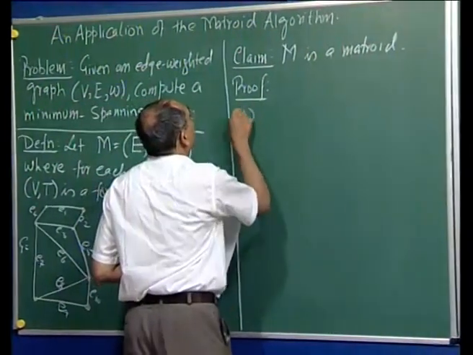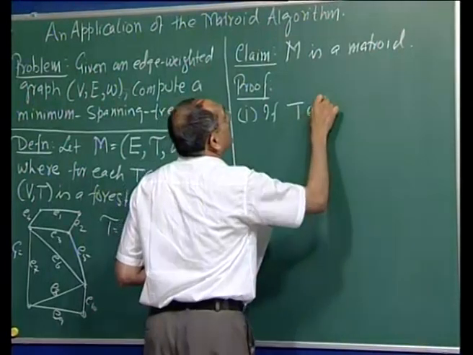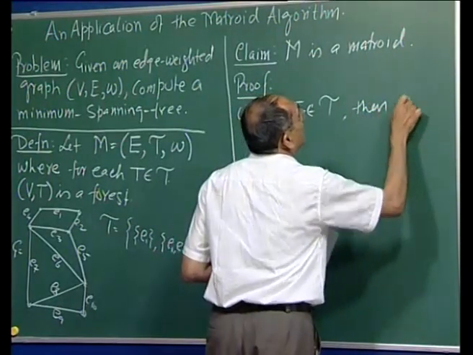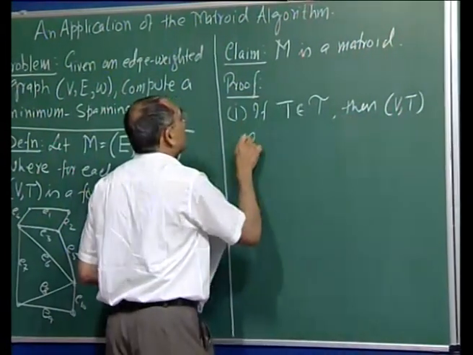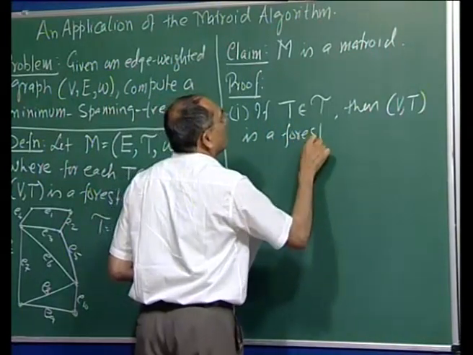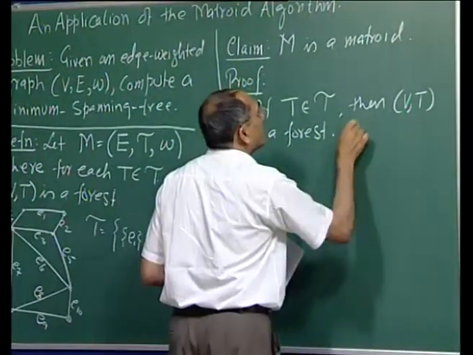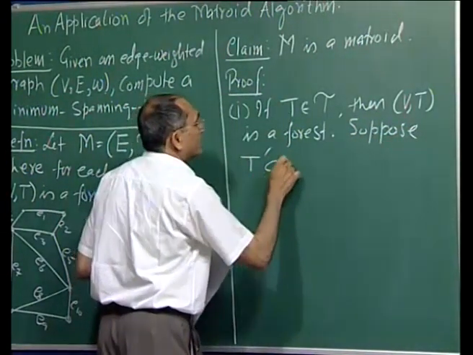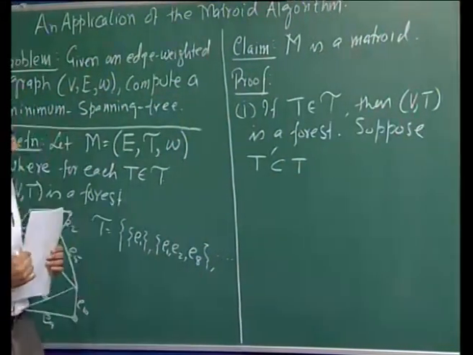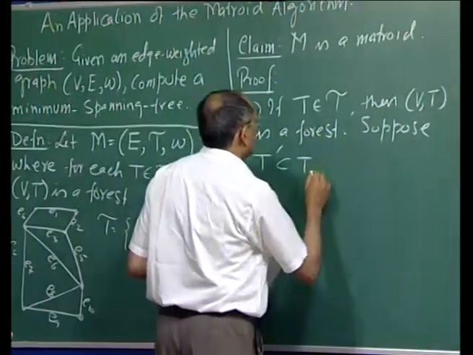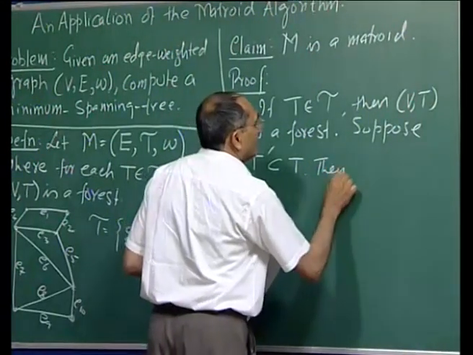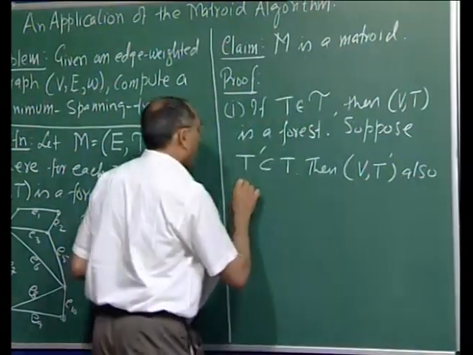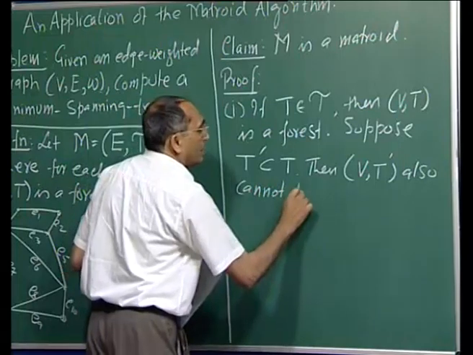Now, first we notice that if T belongs to script T, then (V, T) is a forest. Suppose T prime is a subset of T. Well, then T prime also cannot have a cycle.